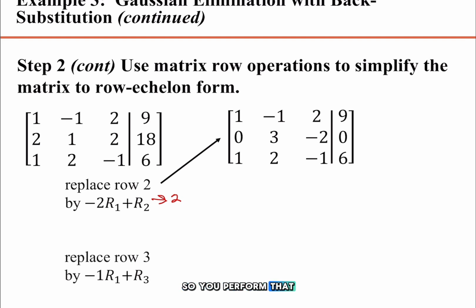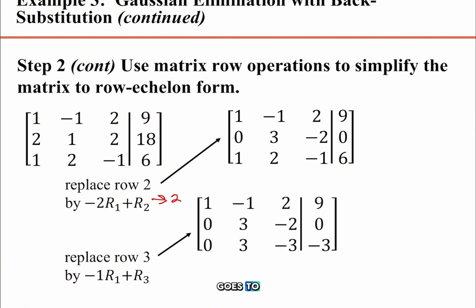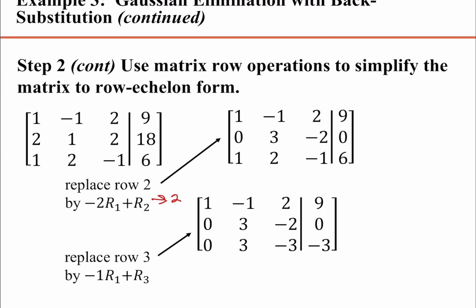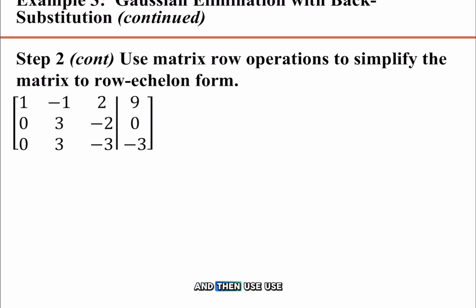So you perform that and then replace row 3 by -1 times our row. It says R1, but it's row 1 plus row 3, and it goes to row 3. And then use the same method, switching row 2 and row 3.